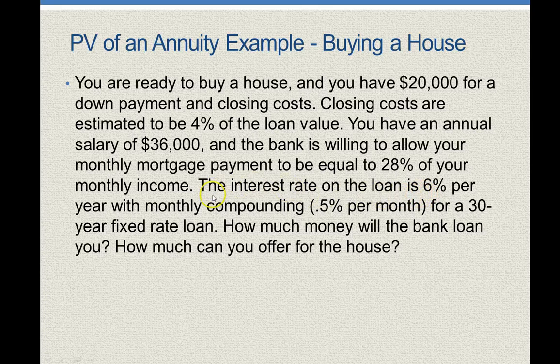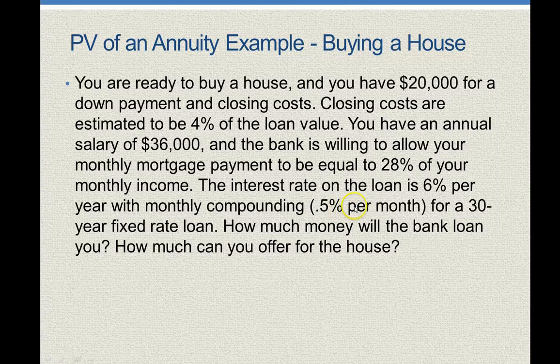Here we have monthly compounding, and this 6% is the annual term. So we can divide this 6% by the number of compounding periods within a year. With monthly compounding, we have 12 compounding periods within a year. 6% divided by 12 gives us 0.5%. That's the monthly interest rate.